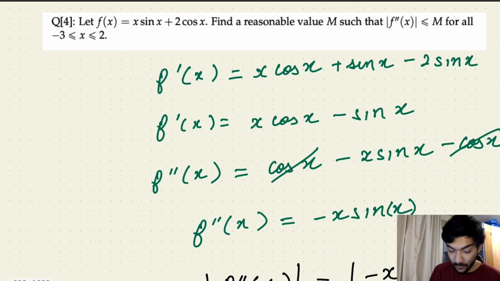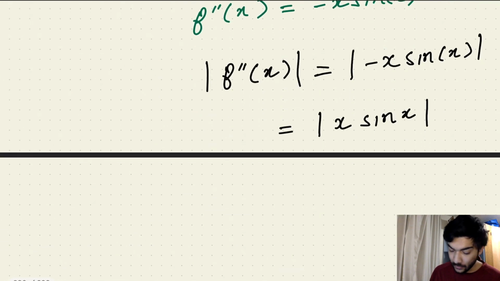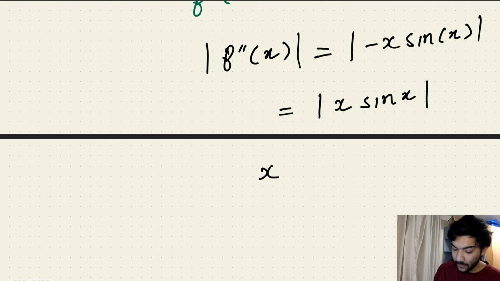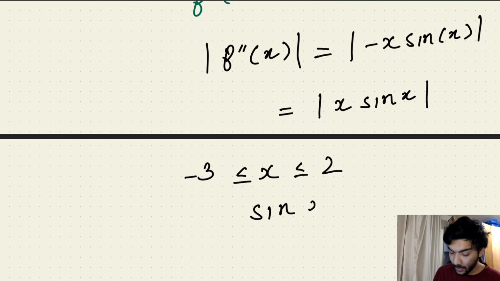And now we are also given the interval in this case. The interval is from minus 3 to 2. So we know that x varies from minus 3 to 2. And we also know about the property of sine functions, right? We know that the maximum value of sine is 1, and the minimum value of sine is minus 1.